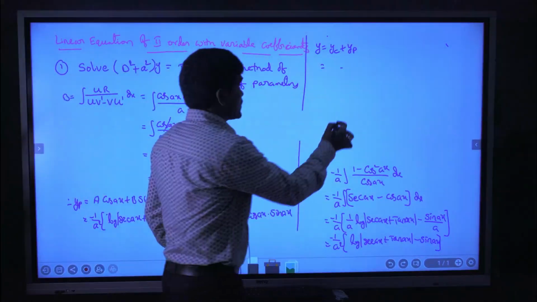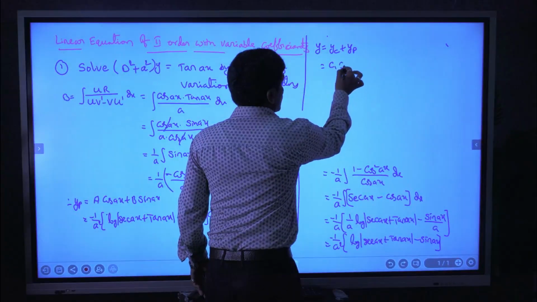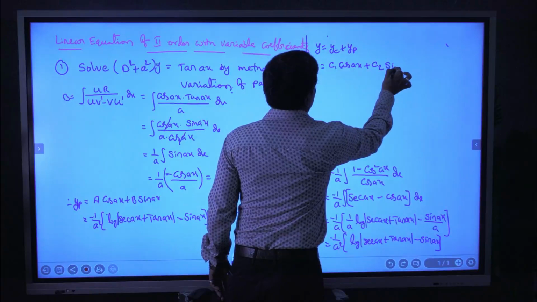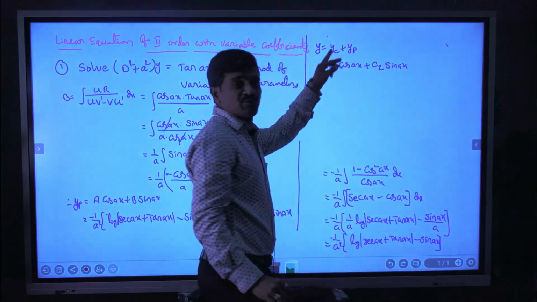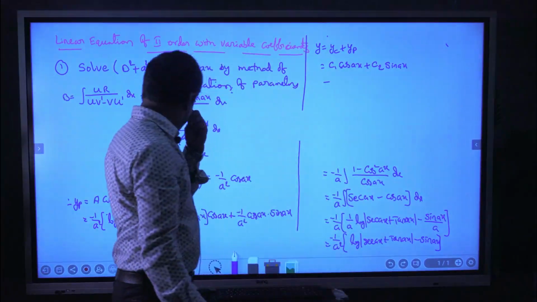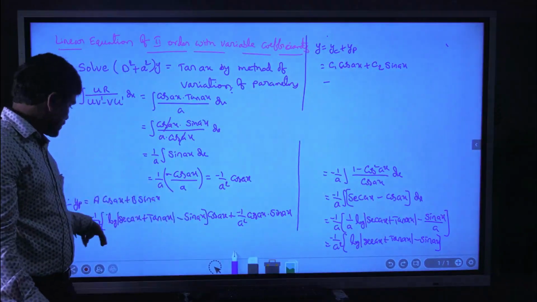What is the complementary function here? c1 cos ax plus c2 sin ax. This is the complementary function yc, plus the particular integral. And this is the particular integral in these two terms.